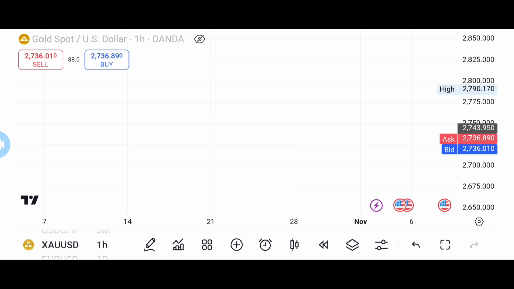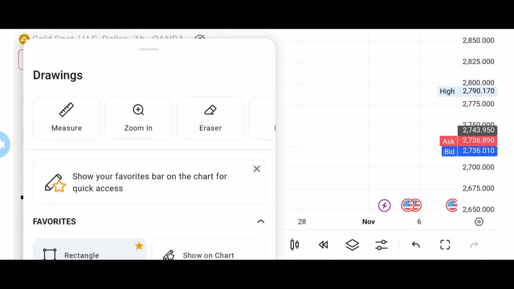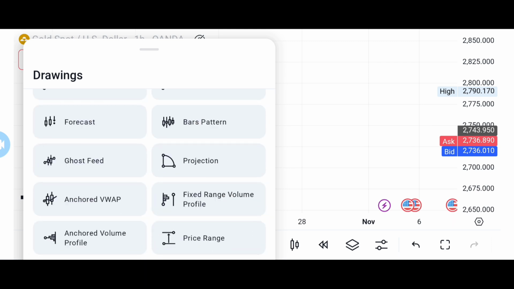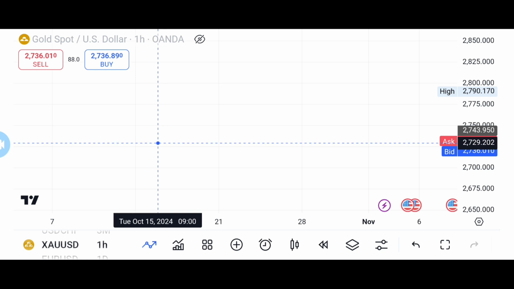So today, guys, this is just a continuation of fractal of market structure in Forex. And today, as I promised earlier, I'm going to show you the setup that I check before I enter the market.